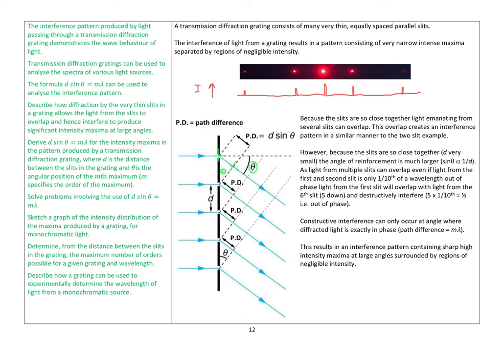Then we can just use our SOHCAHTOA, but we only need to use the SO, which is basically sine theta, which is that green theta that I've just written, is equal to the opposite over the hypotenuse. And in this case, the opposite is our path difference.